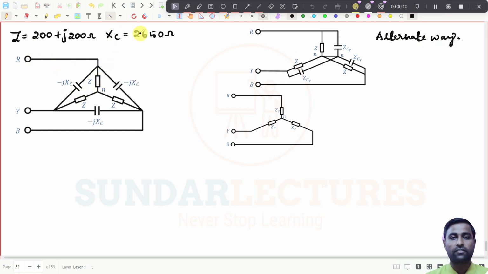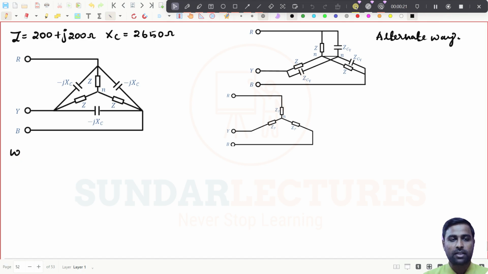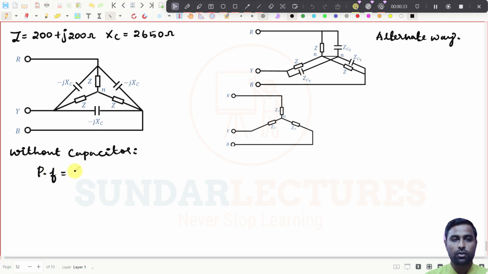This is the Z value and this is the XC value, and you need to find the power factor if capacitors are added, right? Without the capacitor, we have already seen that the power factor is 0.707.